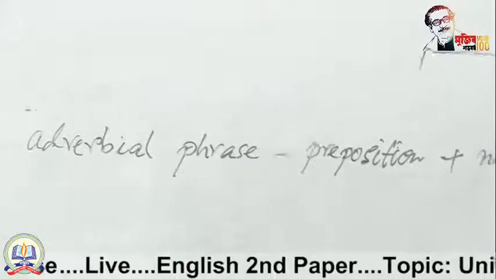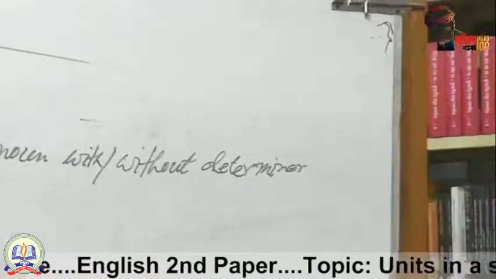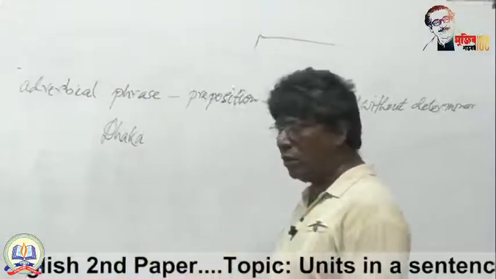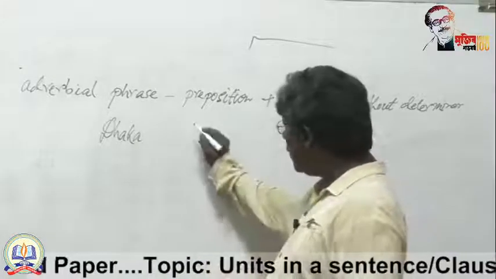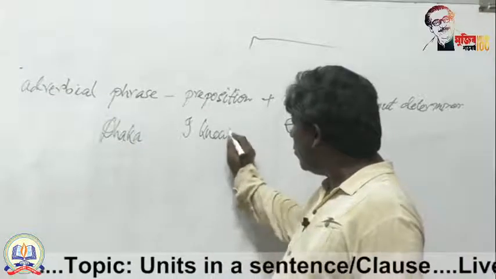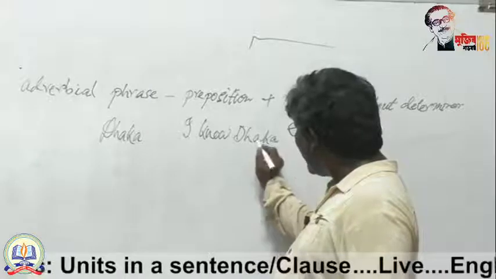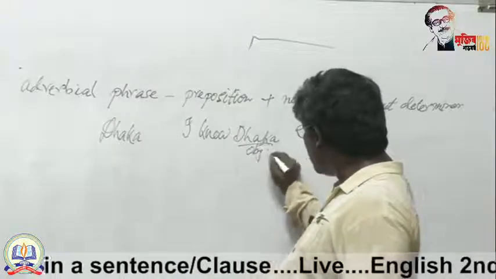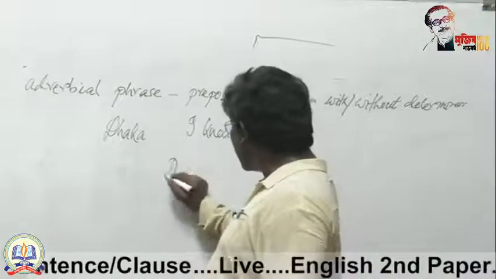Look, when we say Dhaka, Dhaka is a simple noun. I know Dhaka. Here Dhaka is a noun, therefore it is an object. Dhaka is our capital.